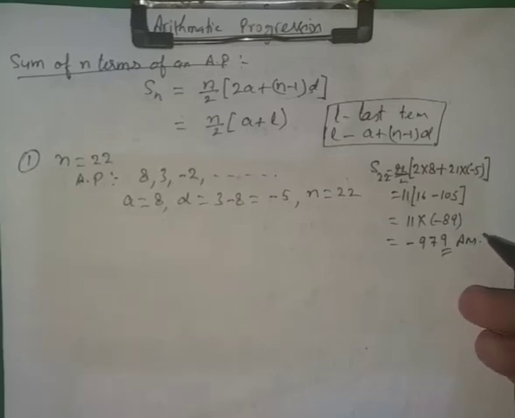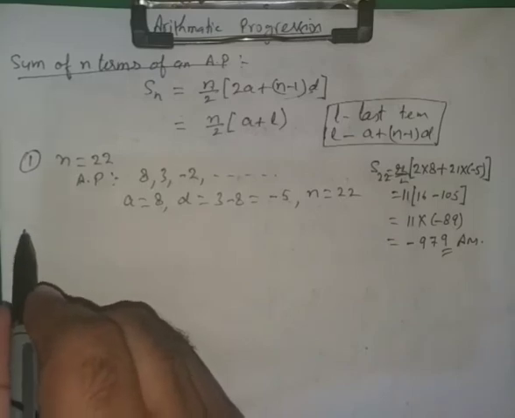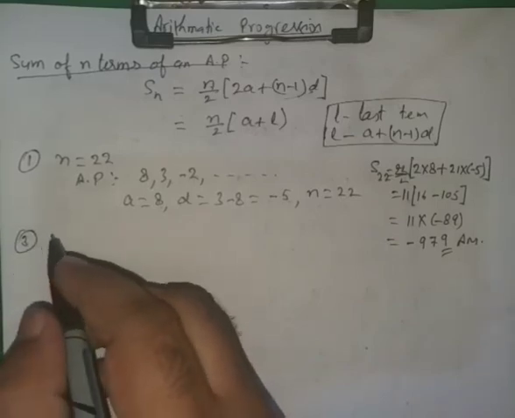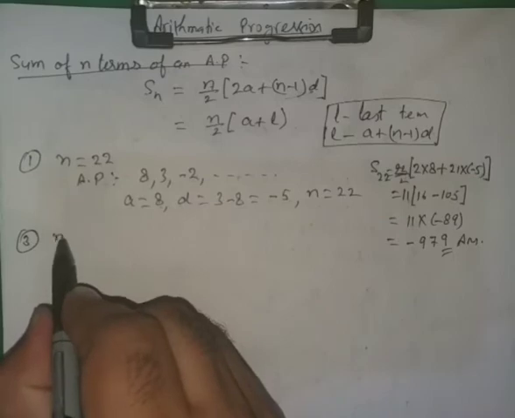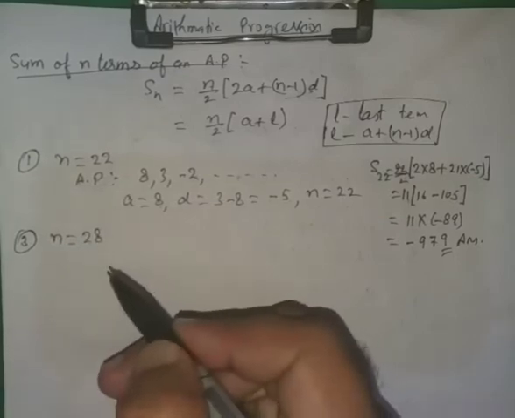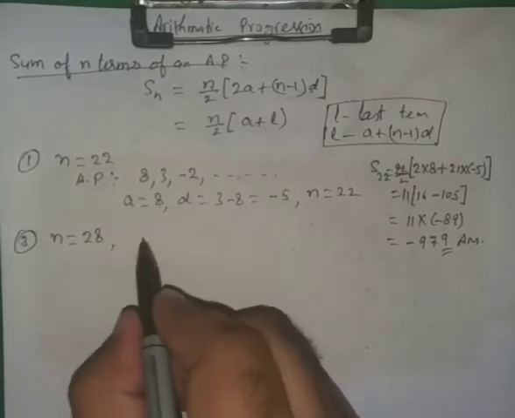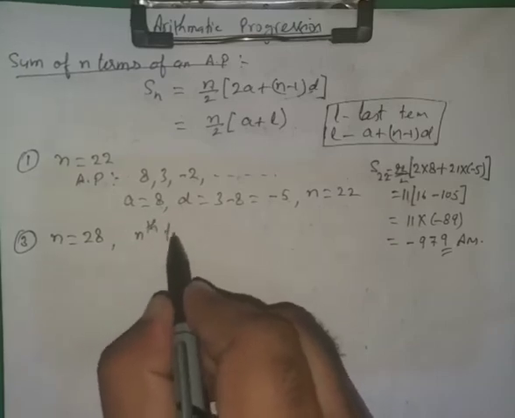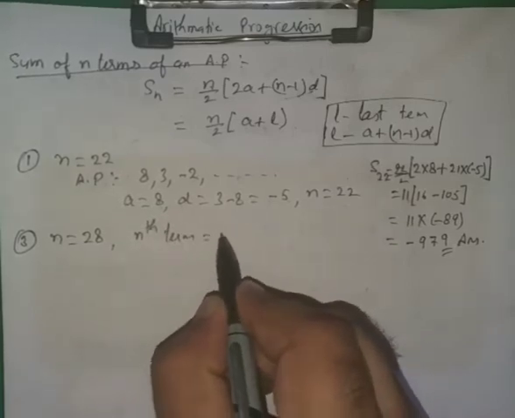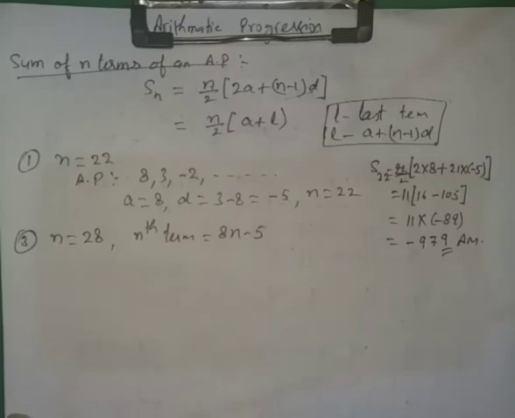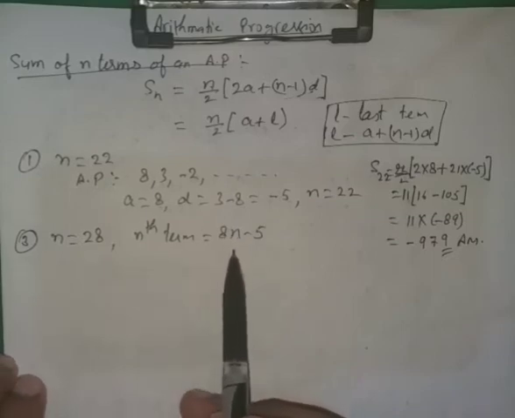Now one more question says: find the sum of 28 terms of an AP where the nth term is given. The nth term is given as 8n - 5. In this question we do not have the AP, but we have the nth term.